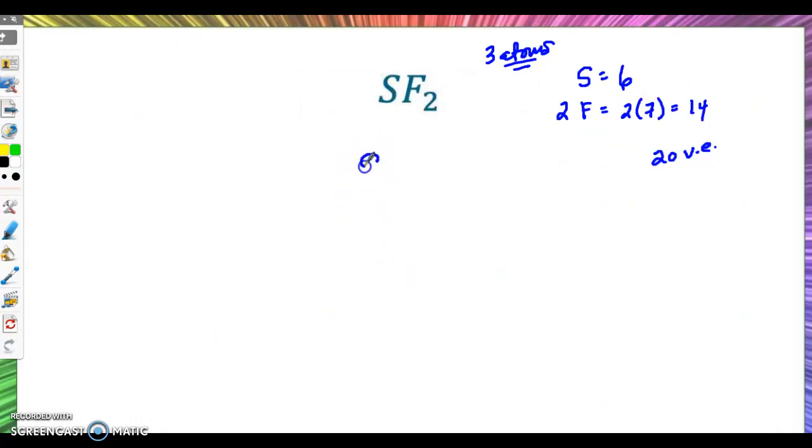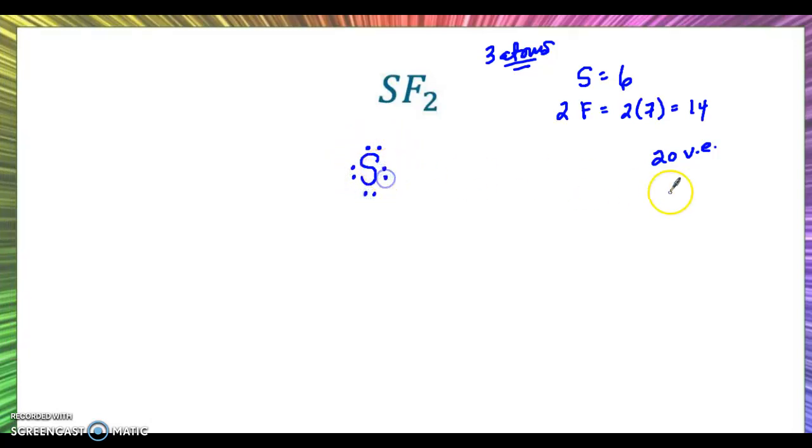So sulfur goes in the middle. I'm going to put the 8 electrons around sulfur. 1, 2, 3, 4, 5, 6, 7, 8. So I've got 8 accounted for. That is, I've got 12 left. I'm going to put a fluorine on each side of one of those pairs.